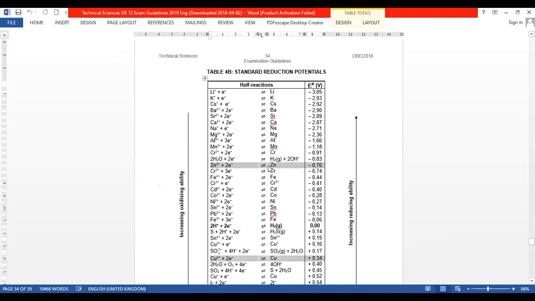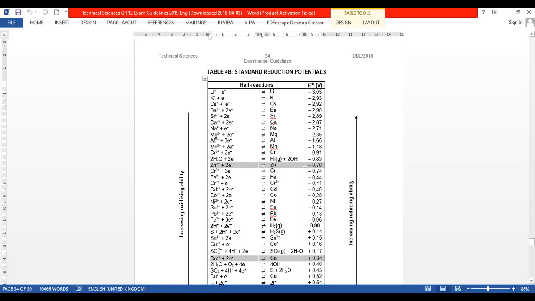So Zn is on top, and here the Cu2+ is at the bottom. It means there we had oxidation, there we had reduction, because I said the ones on top, they love oxidation. They are stronger reducing agents. The ones at the bottom undergo reduction because they are stronger oxidizing agents. So we are comparing those two, right?